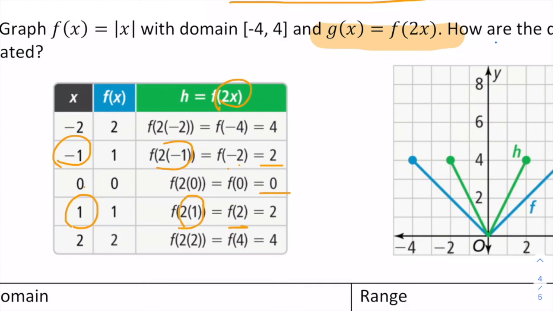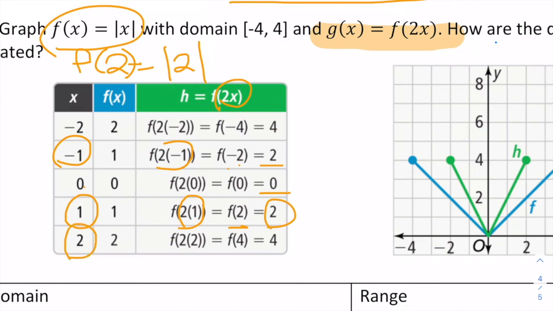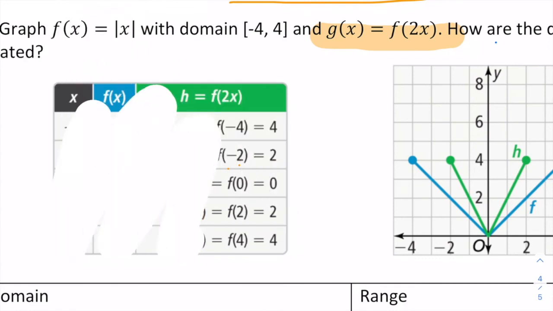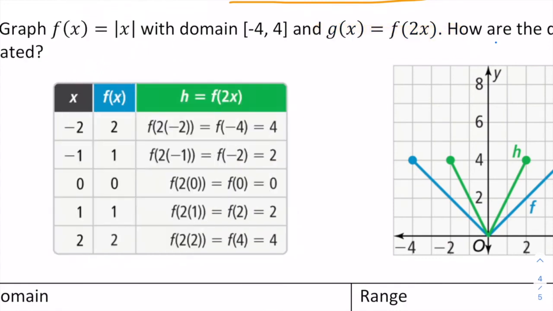And when we plug in f of 2, that's going to equal the absolute value of 2, which is 2. And then we have 2 here, 2 times 2 is 4, and the absolute value is 4. That's f of 4.